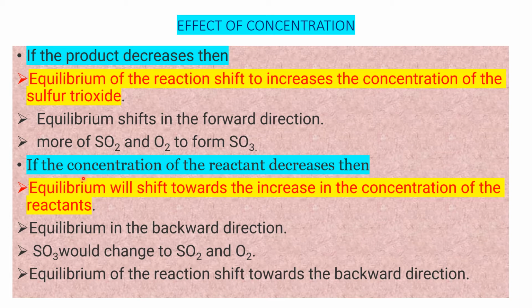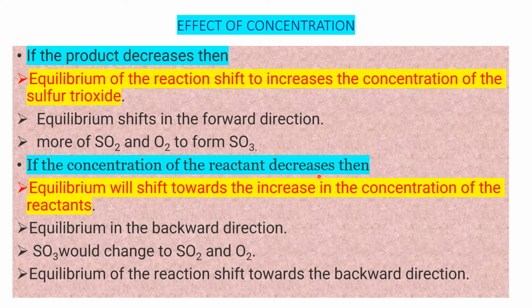Now, third case, if the concentration of reactants decreases, so according to Le Chatelier's principle, the concentration of reactants must increase. Here, the imposed change is decrease in concentration of reactants. So, to balance that imposed change, the concentration of reactants must increase.